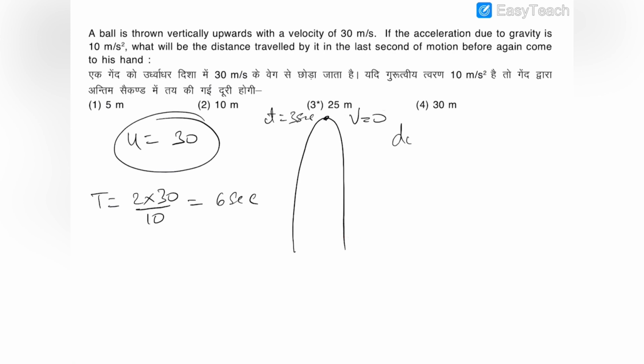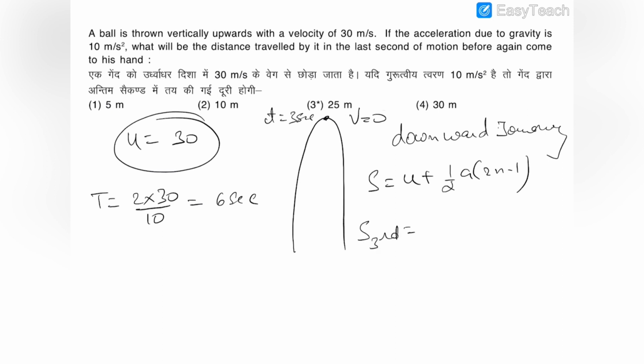So in the downward journey, we are applying the equation S is equal to u plus half a into (2n minus 1), which is the distance traveled in the nth second. So S in the third second will be 0 because initial velocity is 0, plus half g, which is 10, into (2 into 3 minus 1).